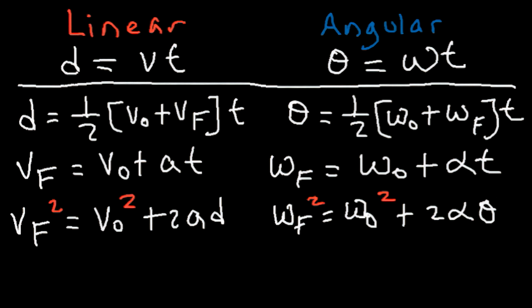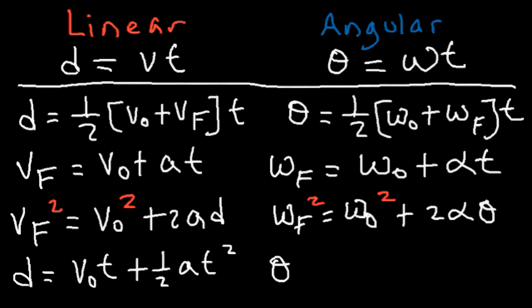And there's one more equation you need to know, and it's this one. Displacement is equal to the initial velocity multiplied by the time plus 1/2 times the acceleration multiplied by t squared. So angular displacement is equal to the initial angular velocity multiplied by the time plus 1/2 angular acceleration times t squared.